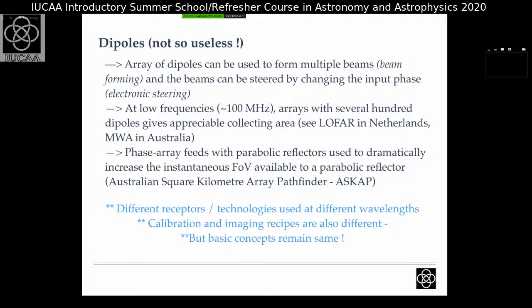You can look at the example of the Australian Square Kilometre Array Pathfinder, ASKAP, which uses a phased array feed. If it was just a single dipole, it would give you a field of view of 1 square degree. But using a phased array feed, it is possible to get an instantaneous field of view of 30 square degrees, right? A 30 times increase.